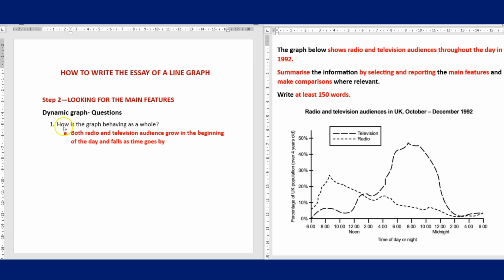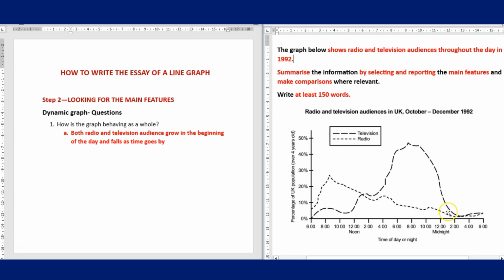The first question was, how is the graph behaving as a whole? You can see, if you take that of the television, it went up and came down. And if you take that of the radio, it also went up and came down. So we can see that generally both the television and radio audiences grew for some time and then went down.